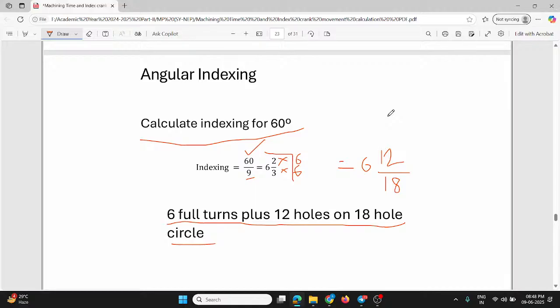This we have already discussed in detail in the regular theory lectures.